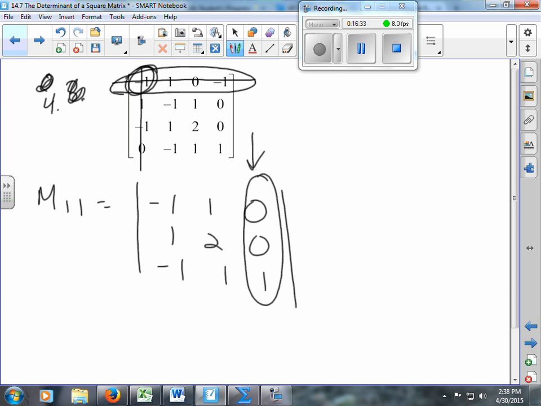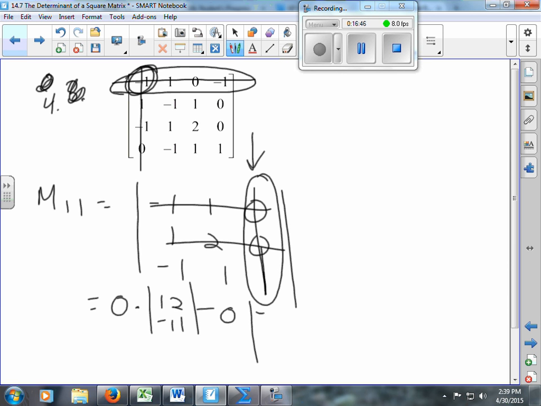And I do 0 times its cofactor, but that doesn't even matter because it's 0. And then plus minus, so that was in the plus, minus 0 times its cofactor, which would be -1 1, but that doesn't even matter because it's a 0. And now finally I have this last one left, 1 times its cofactor, and that would be -1 1 1 2.